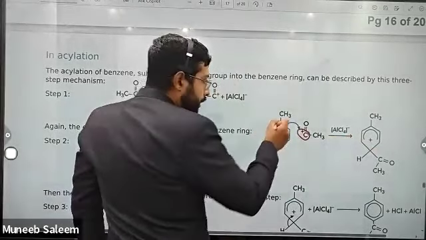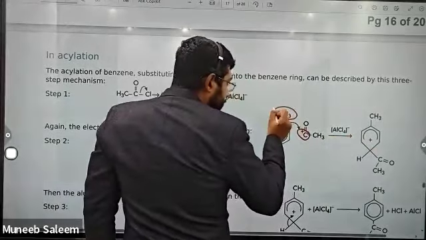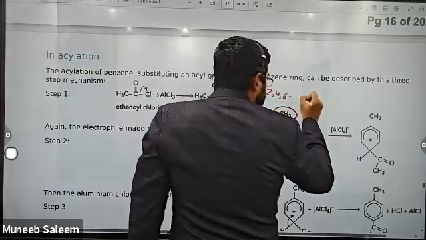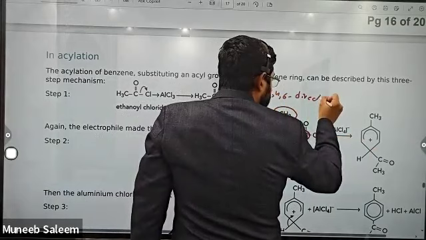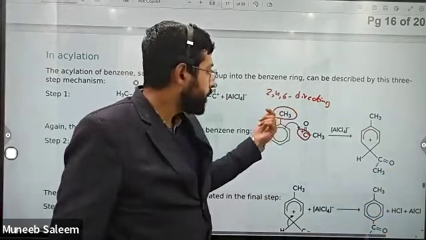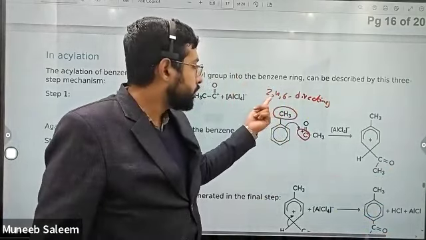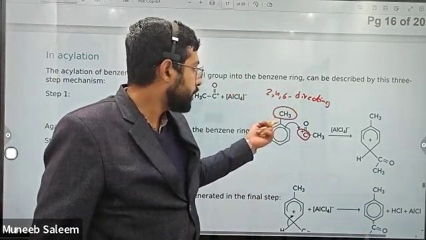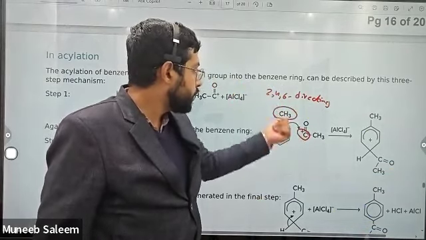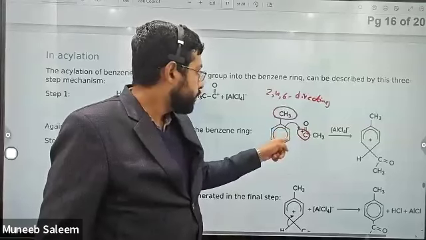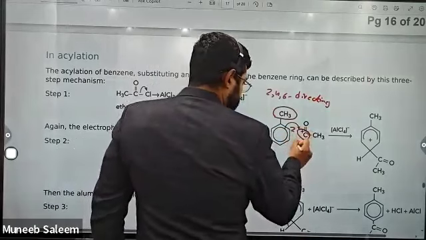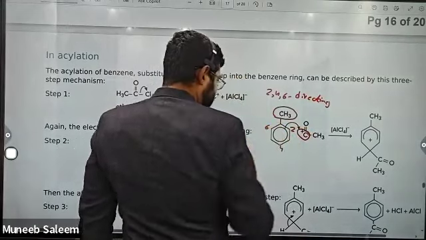We should remember that in the previous class we said that methyl is a 2, 4, 6 directing group, which means the incoming substituent must be attached on one of these three positions. Starting from here, if this is 1, then the incoming acyl can be attached on position number 2, that could be this one. 4 is over here and 6 is over here. This is 2, this is 4, this is 6.